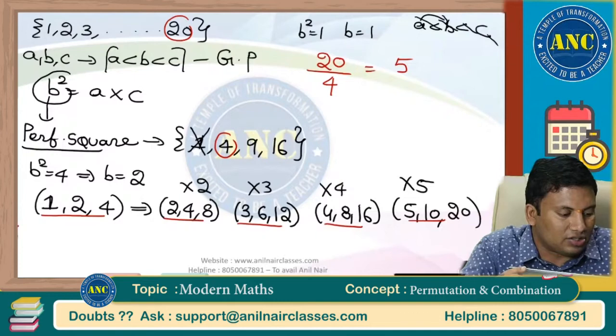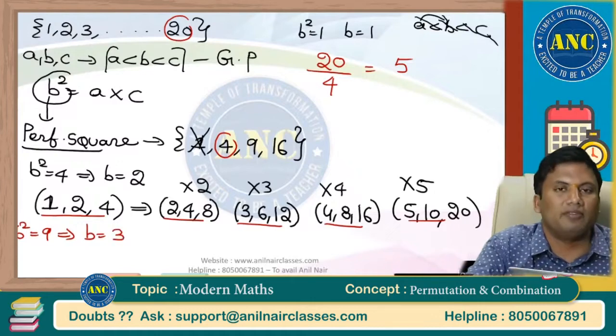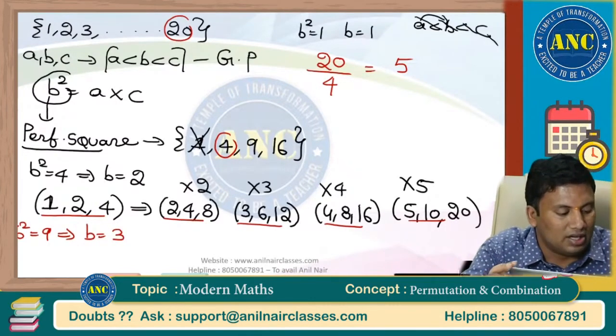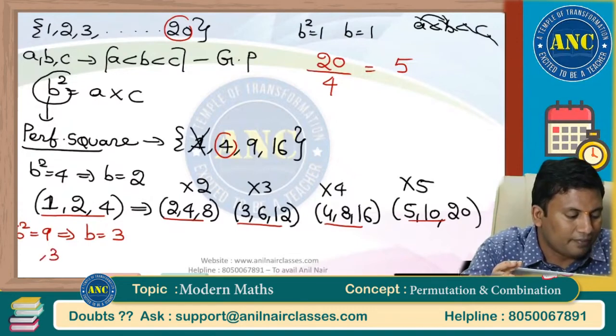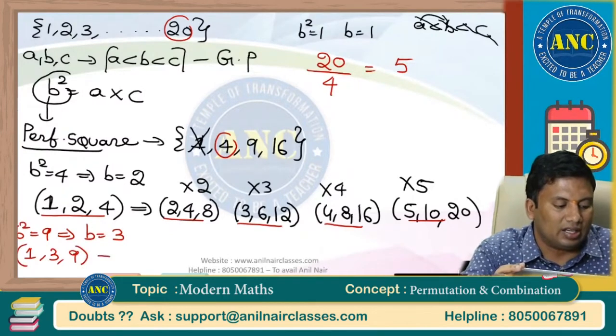Next perfect square is B square equivalent to 9. If B square is equivalent to 9, B will be 3. Minus 3 not possible, A, B, C are natural numbers. If B is 3, A value is less than B, A can be 1. So 1, 3, common ratio it is 3. So it is 1, 3, 9.